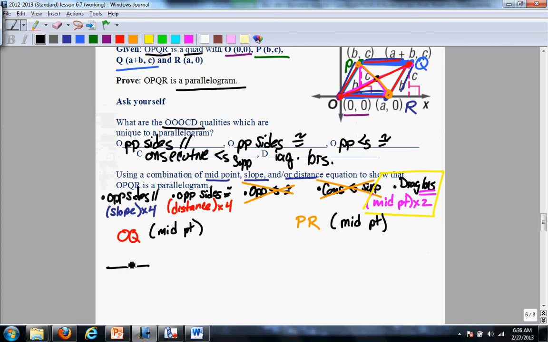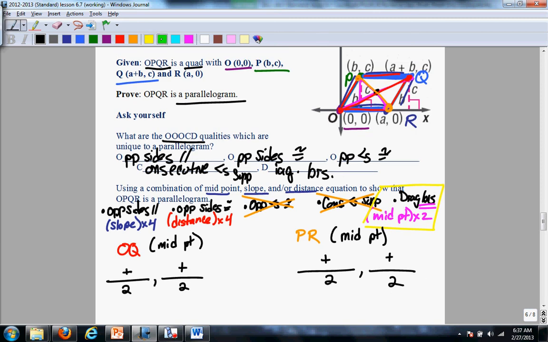The midpoint equation is, add the x's, divide by 2, comma, add the y's, divide by 2. Now let's circle, plug, and chug. For O, we're going to add our x's. I'm going to circle these in green.